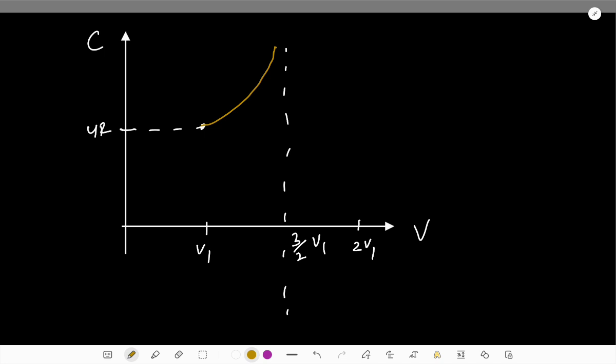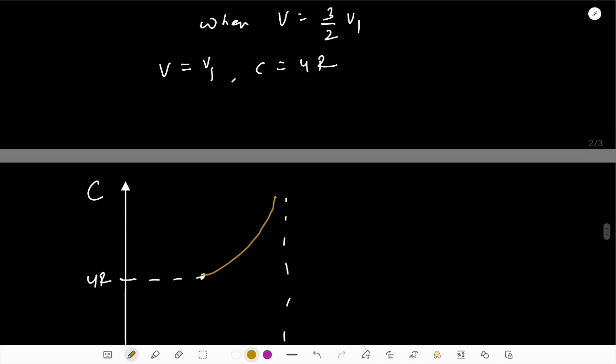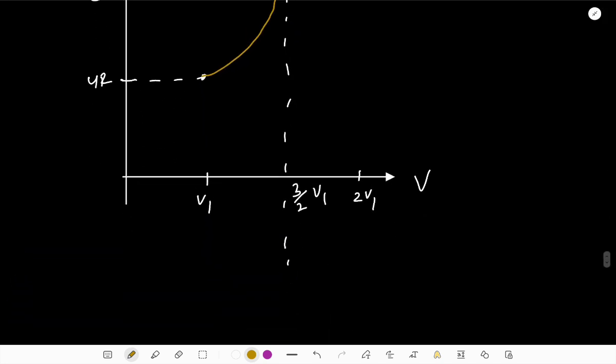And again, if we put V equals 2V1, you are going to get C equals R, simply R. And you can see the graph decreases here.